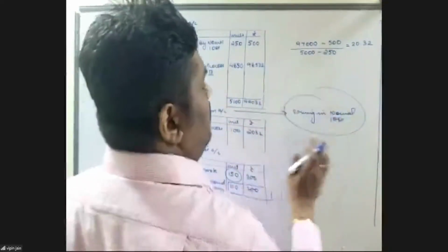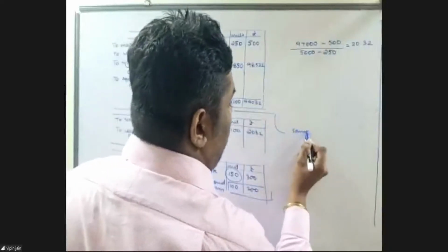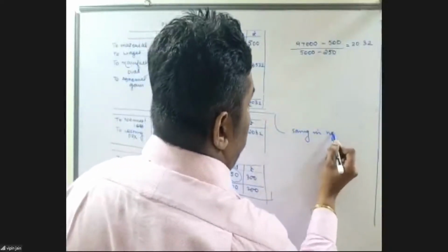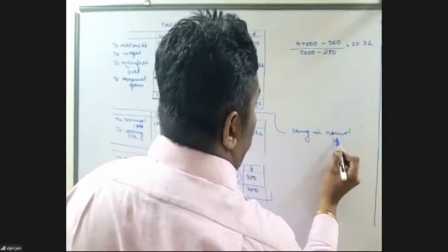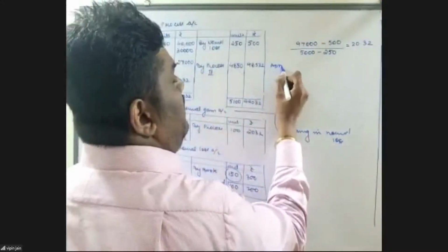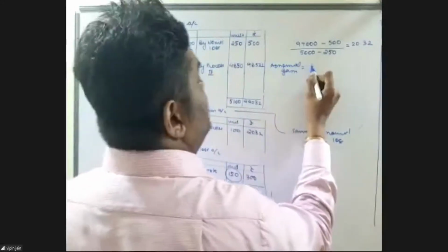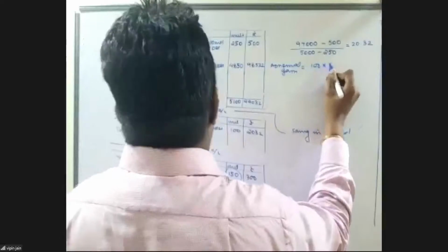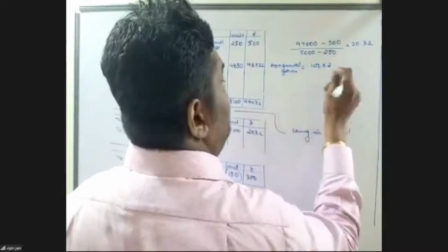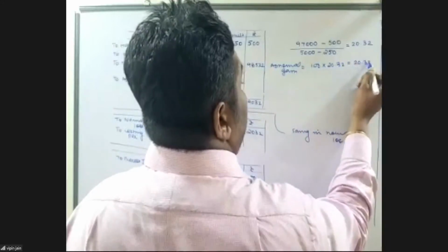So when talking about abnormal gain, it is 100 into 20.32.